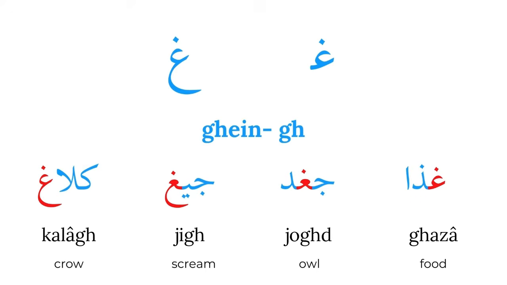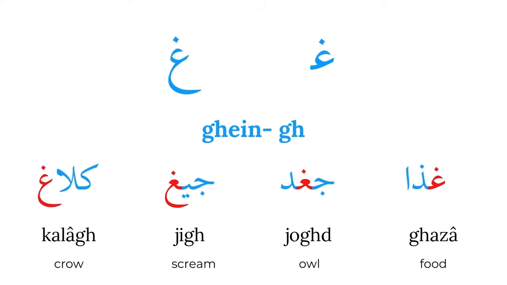Ghain. This letter is also in the back of your throat, so kind of think of the way the French say the R, right? It's kind of back in the throat. It can be a little bit of a challenge to pronounce this one, but just give it a try and it'll get better. So ghain looks like ain, right?